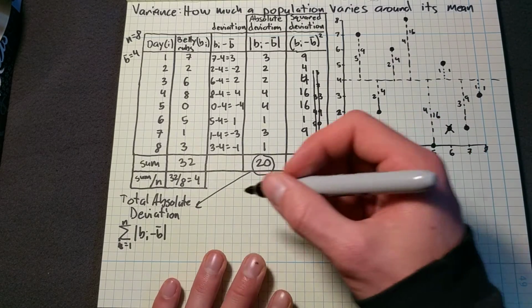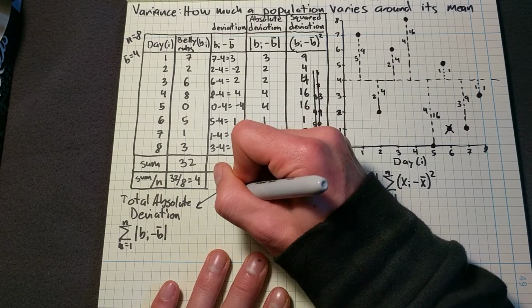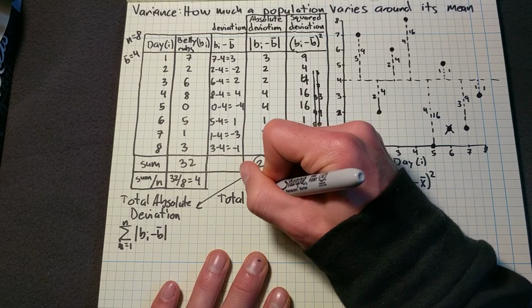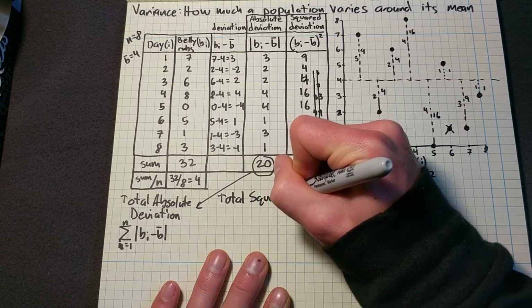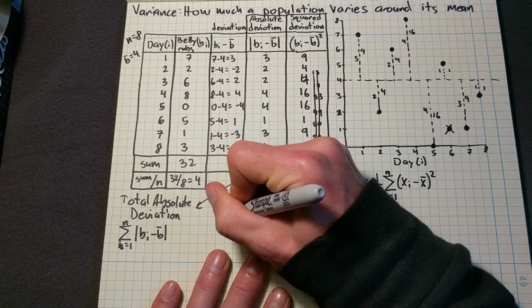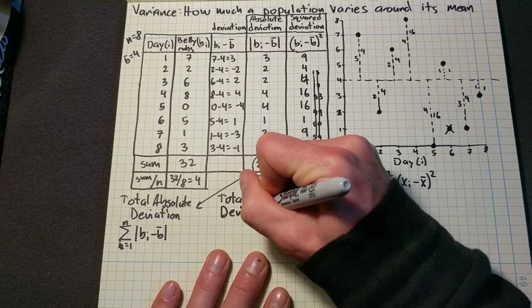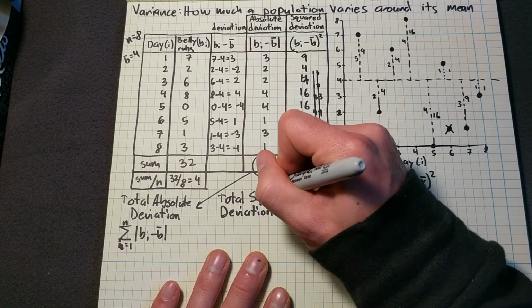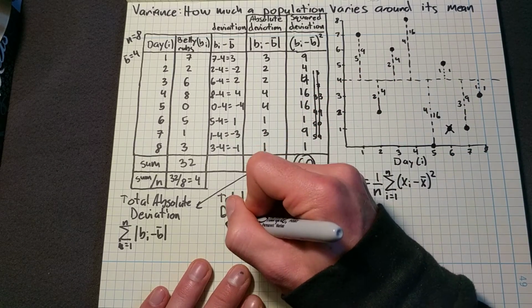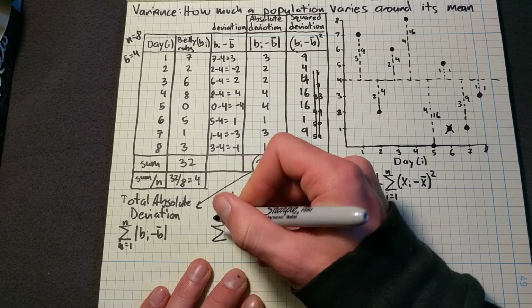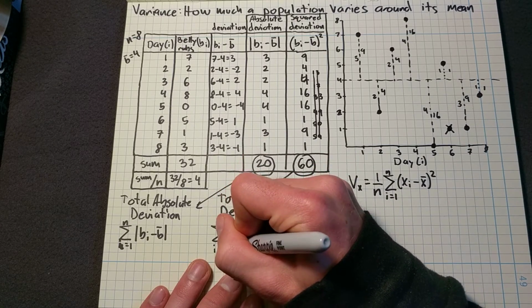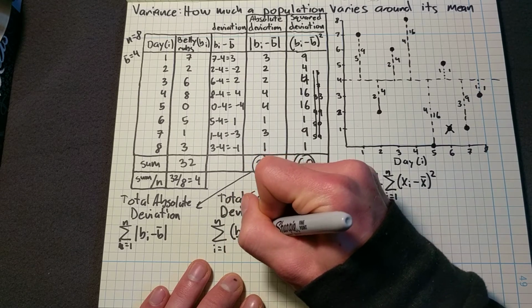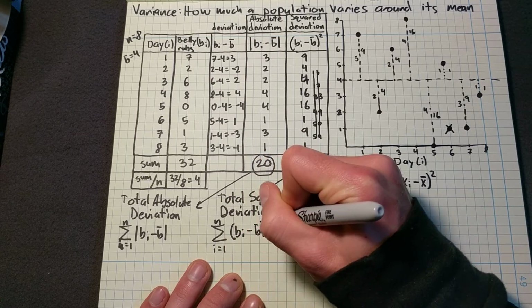So this actually has a name as well. Let's call this the total squared deviation. And that's this 60, which you may be able to guess now: the sum from i equals 1 to n of (b_i minus b bar) squared.